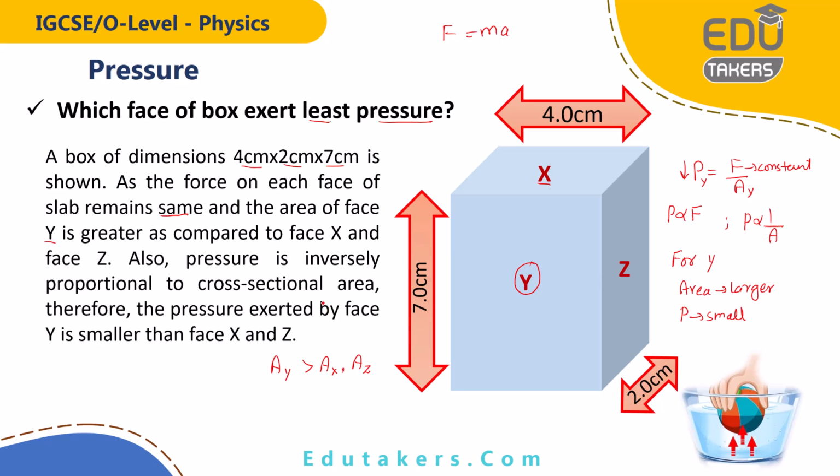When the area is larger for the face Y, of course this face exerts the least pressure. So I can simply say here the pressure exerted by the face Y is smaller than X and then Z. So it's the face Y that exerts the least pressure here.